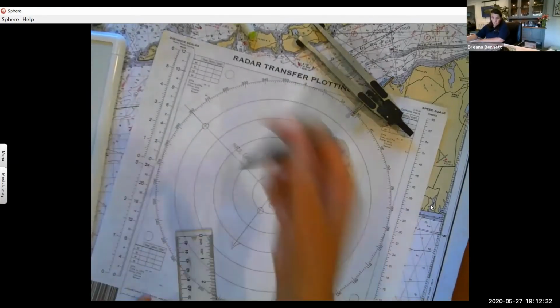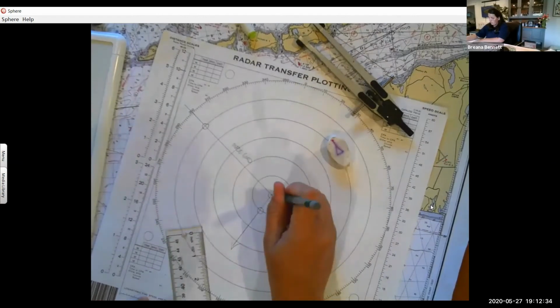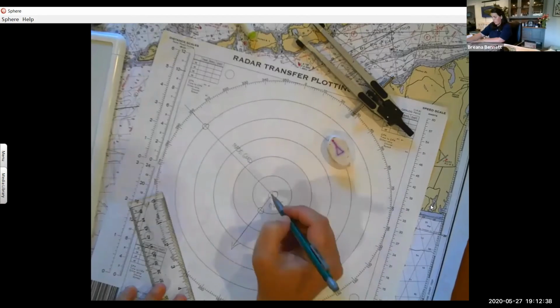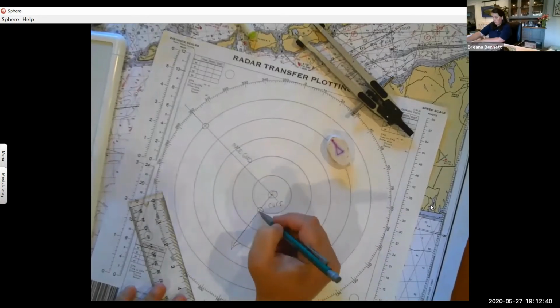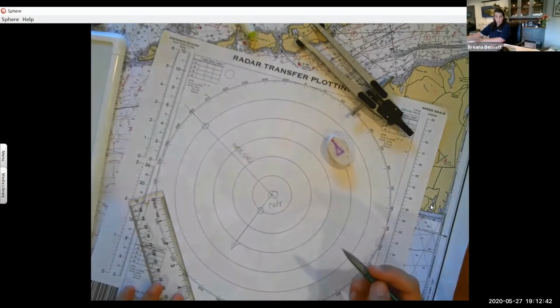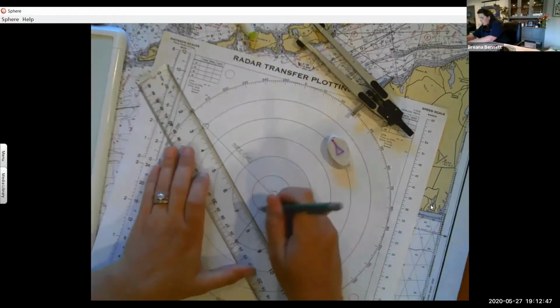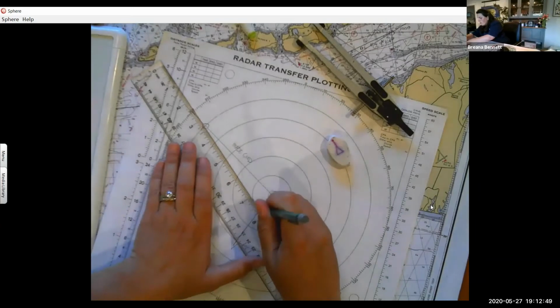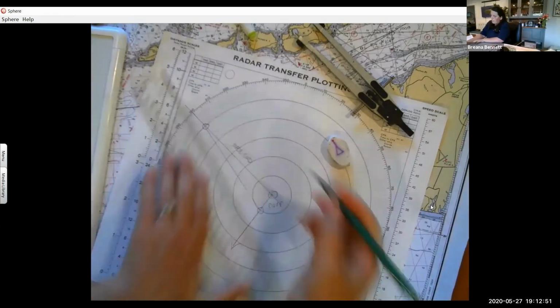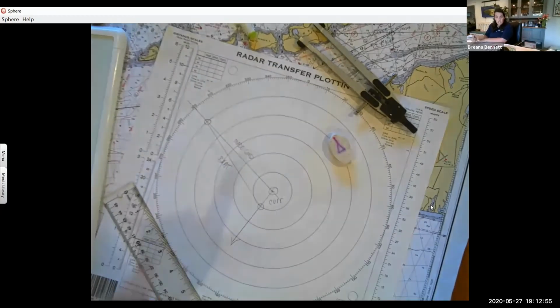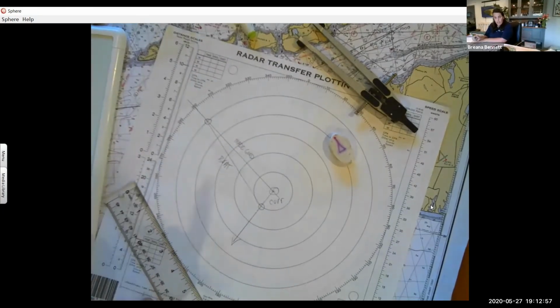In order to complete the triangle, I have 3 points of the triangle: 1 point, 1 point, 1 point. So the third side of the triangle is the boat. You just connect those two. And now you can measure that line, both direction and speed.